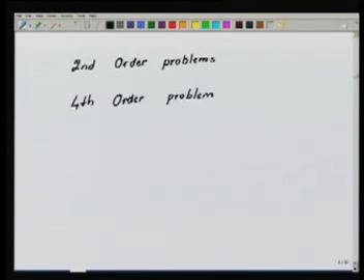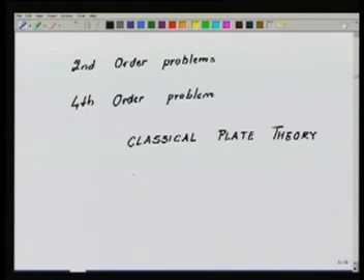One example of it is the classical plate theory. It's attributed to Kirchhoff. This is called the Kirchhoff plate theory also.